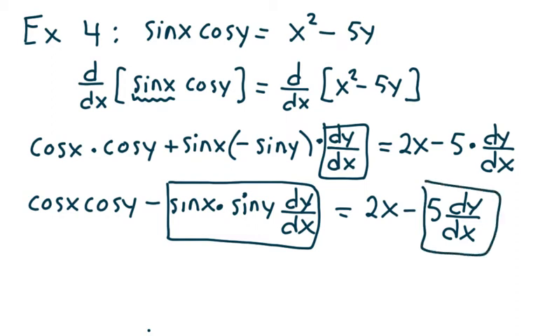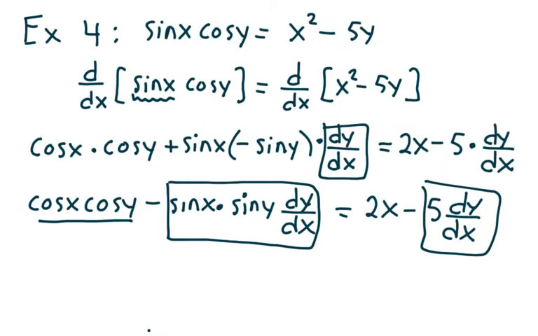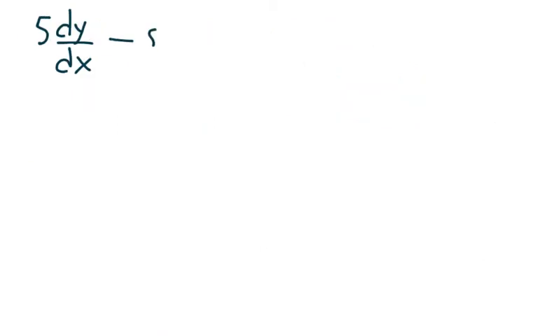Okay, so I'm going to move the 5 dy/dx over to the left side, and I'm going to move cosine x cosine y to the right side. So when I do, I get the following. I get 5 dy/dx minus sine x sine y dy/dx. That's on the left side.